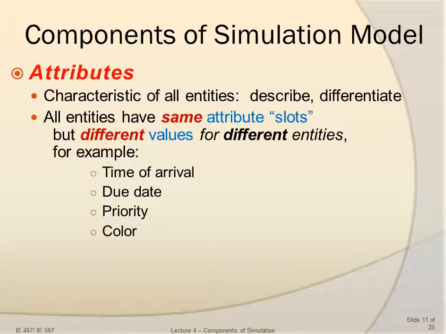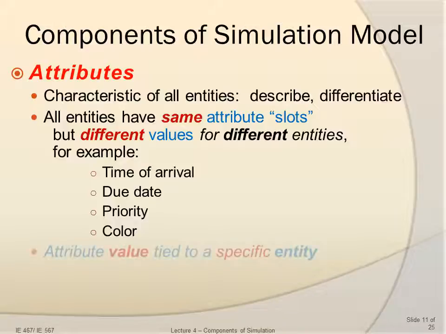All entities have the same attribute slots, but they have different values for different entities. Example, we might have parts, right? The single type of entity, but for different realizations of parts, part 1, part 2, we had different time of arrival. We could have different due date, we could have different priority, we might have different color.